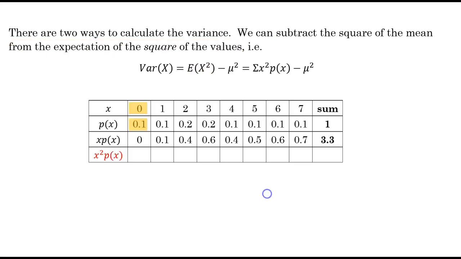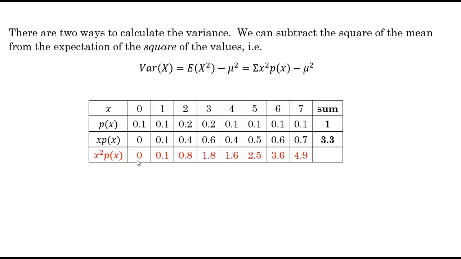The other way that we can go about doing this, I'm going to go through some working here. So we take x, my value, in 0 rainy days, square it, would be 0, multiply it by its probability, so 0 squared times 0.1 is 0. 1 squared by 0.1 is 0.1. 2 squared times 0.2 is 0.8. 3 squared times 0.2 is 1.8, and so on.